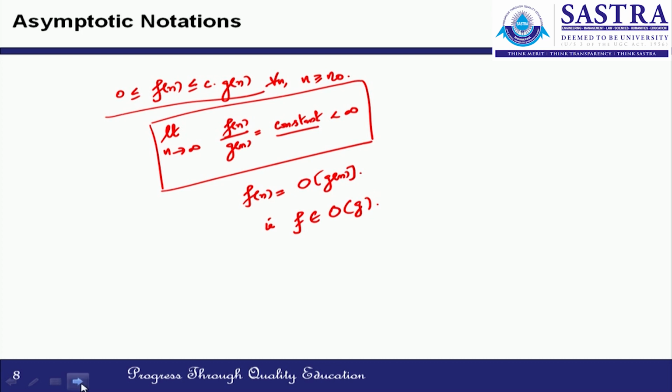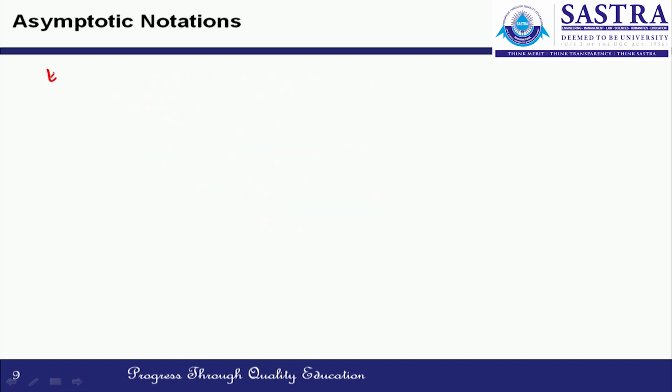For example, consider the function f of n is equal to 3n plus 2. The function f of n is equal to 3n plus 2 can be represented as 3n plus 2 is less than or equal to 4 into n.